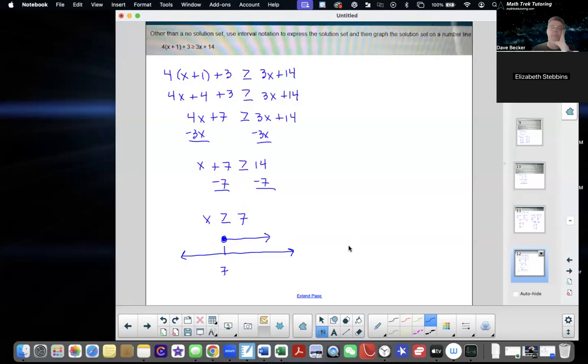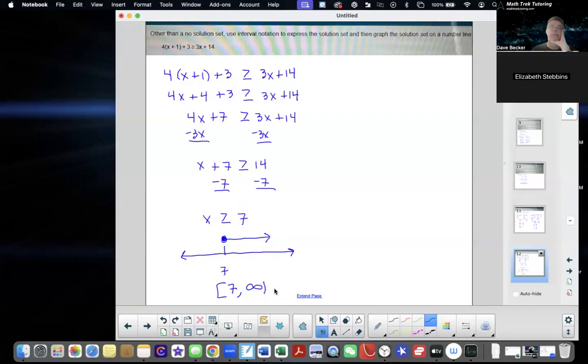So for the interval notation, what I'm hoping is he let you use brackets and parentheses. Yes. So we use a bracket if it's equal to, meaning that 7 is part of the solution, and then to positive infinity.